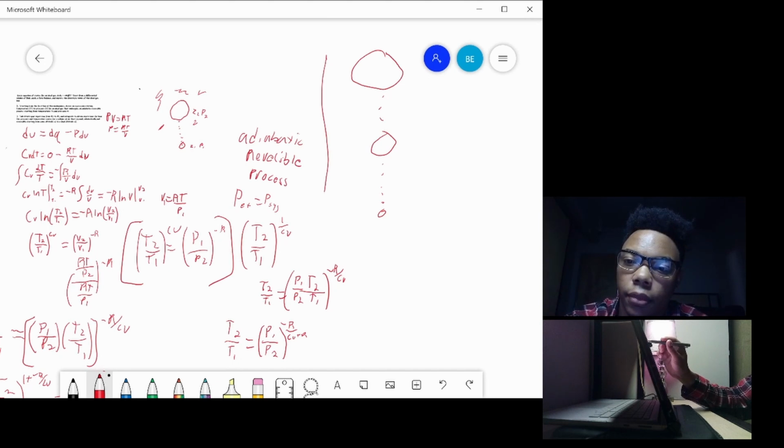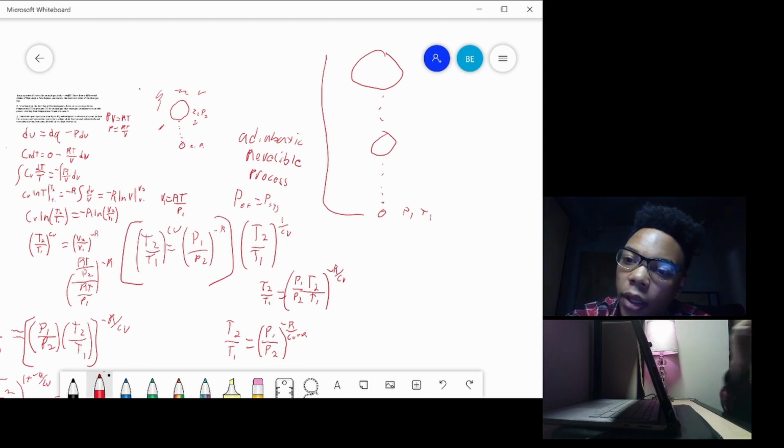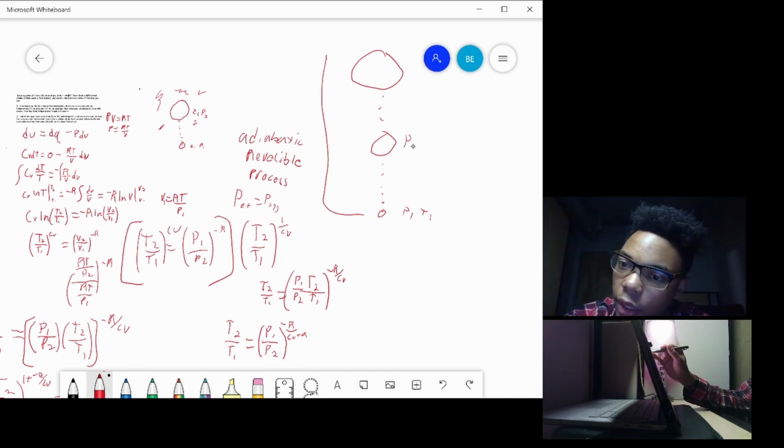Now we have a P1 and a T1, but this is just P1 plus N and T1 plus N, and then we have a P1 plus 2N and a T1 plus 2N.